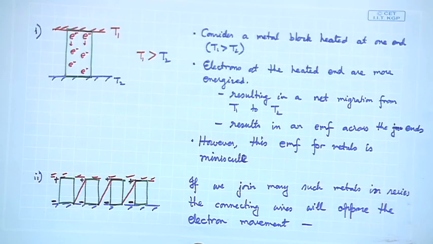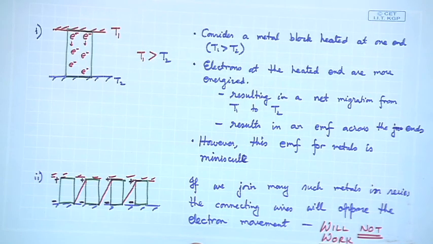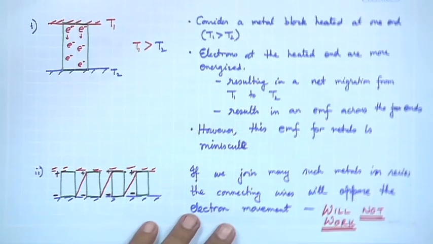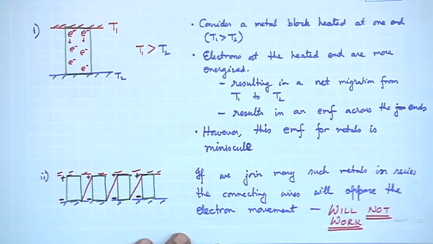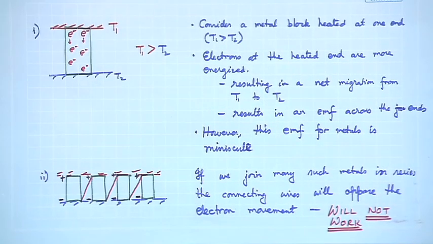So, we need to think of some other means, not just electrons in metal blocks, but something else that we have to use as carriers if we have to use the thermoelectric effect for generating electricity.